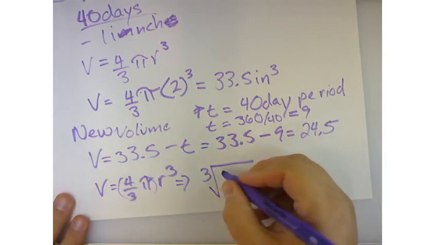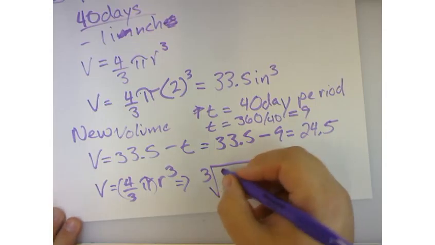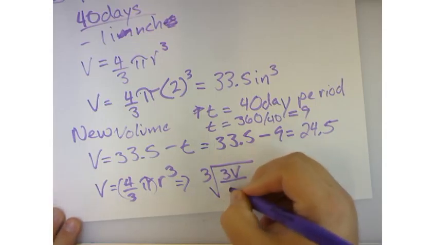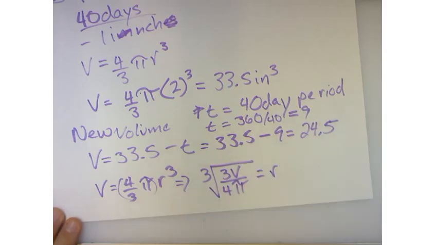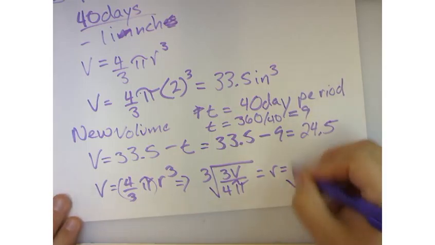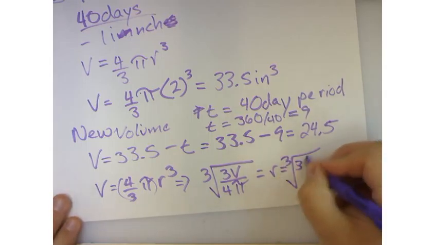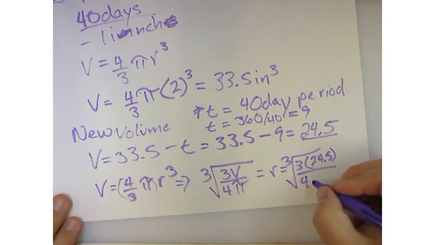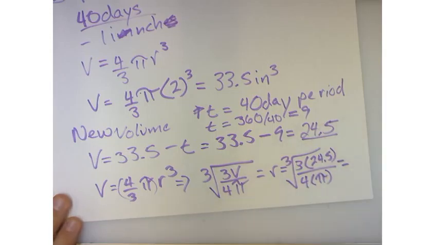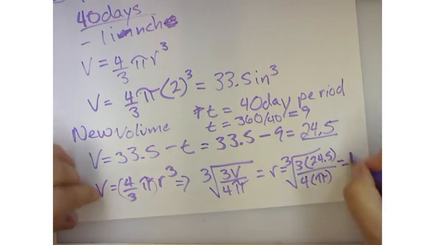So I would get, I think, 3V over 4 pi, right? Is that right? Okay. Now if I plug those numbers in, the cube root of 3 times the volume, which is 24.5, all over 4 pi, I get about 1.8 inches.